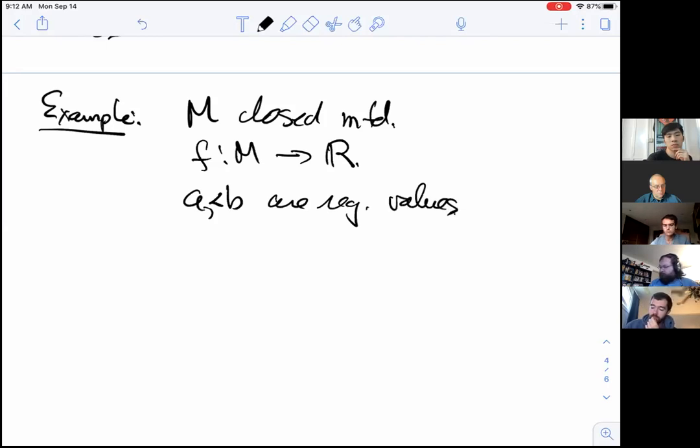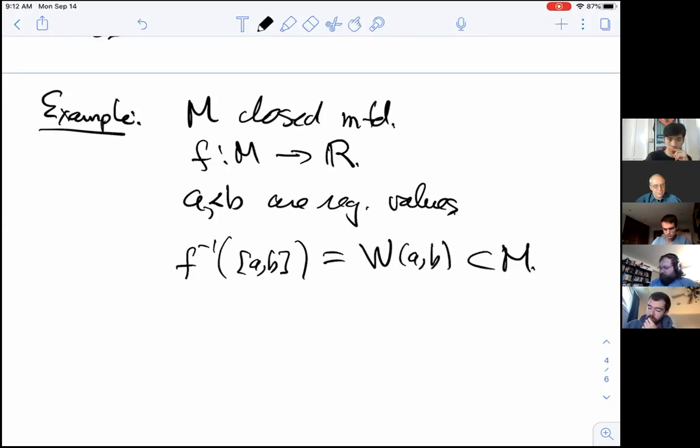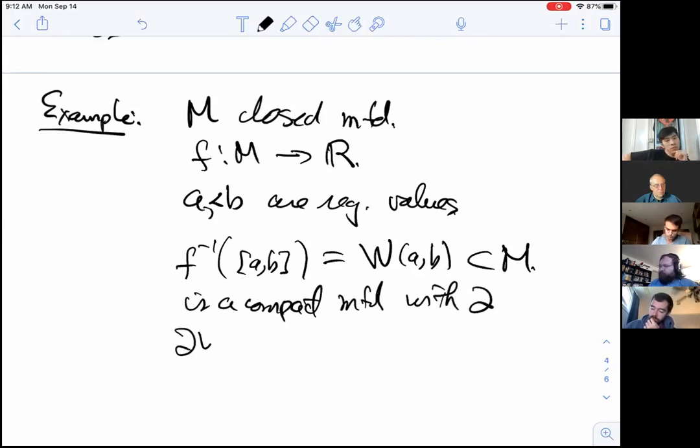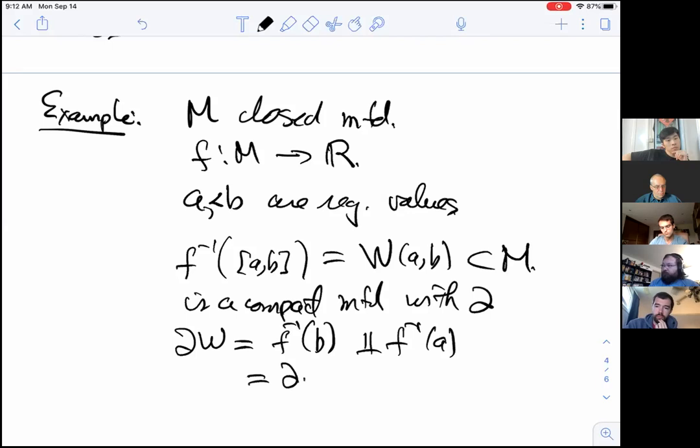Okay, so then f inverse of [a,b], maybe I'll call that W of a,b, inside M is a compact manifold with boundary. The boundary of W is f inverse of b, disjoint union f inverse of a. This is boundary plus of W, and this is boundary minus of W.